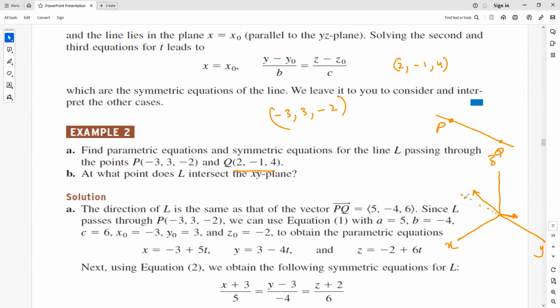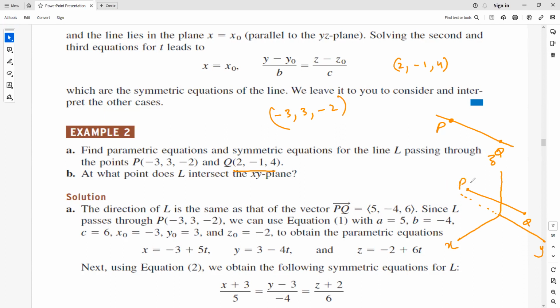So let's say this line looks like this. Okay, so this is point Q and this is point P.